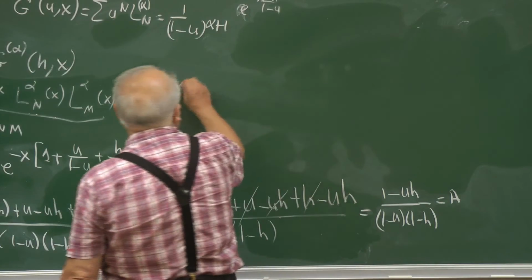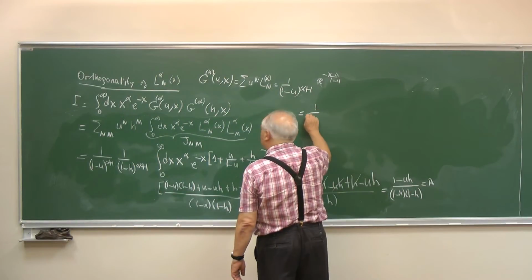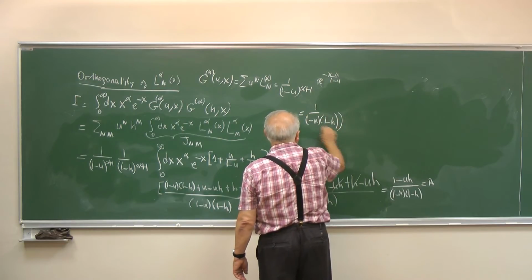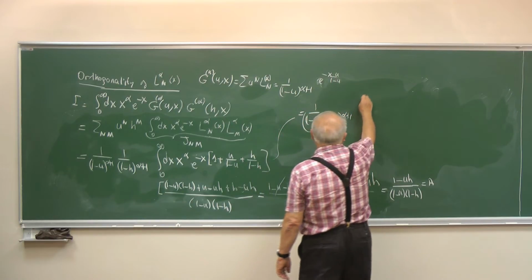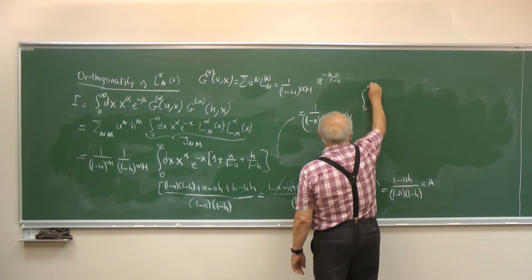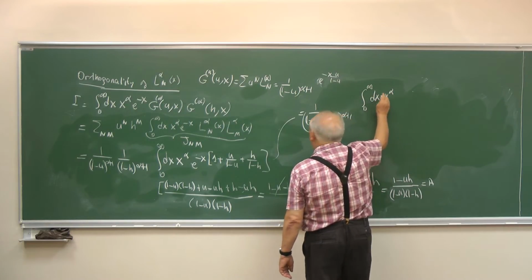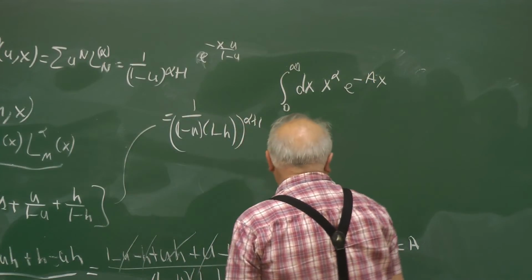So our integral now reads 1 over ((1 minus u)(1 minus h)) all to the alpha plus 1, integral from 0 to infinity dx x to the alpha e to the minus a x.